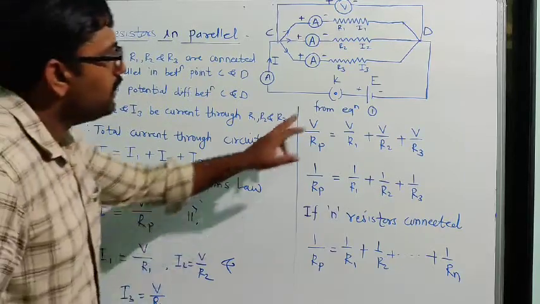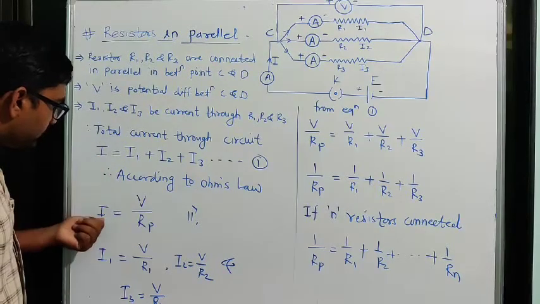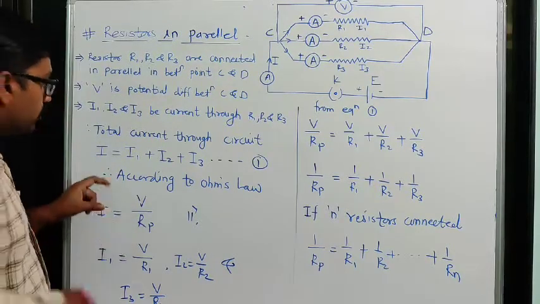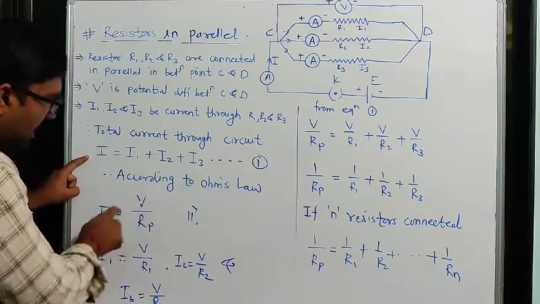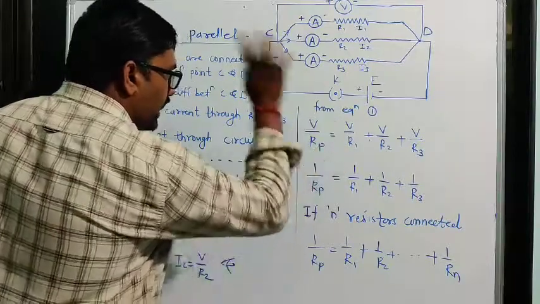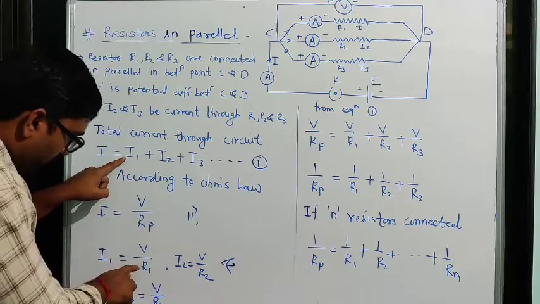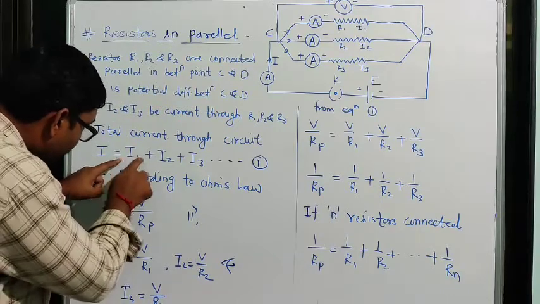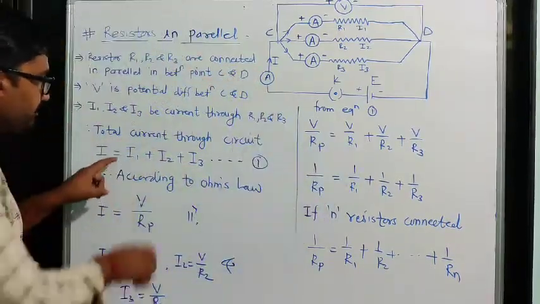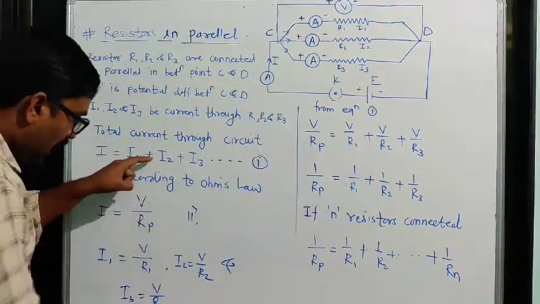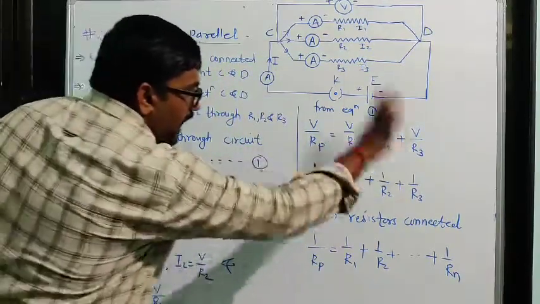So from equation number 1, I is equal to what? V by Rp. We put V by Rp here, which is equal to I1, and I1 is V by R1. Again I2 is V by R2, and I3 is V by R3.